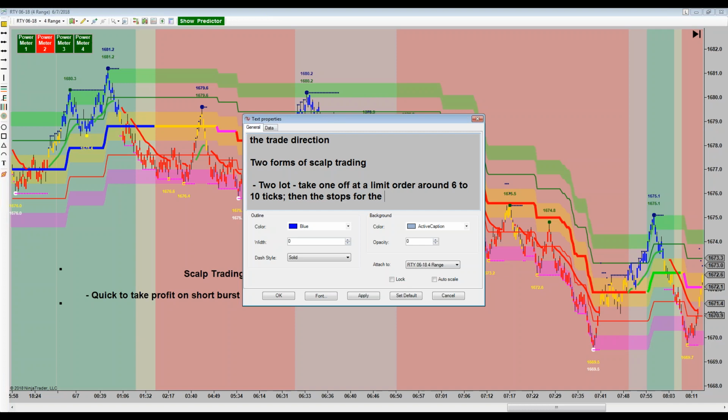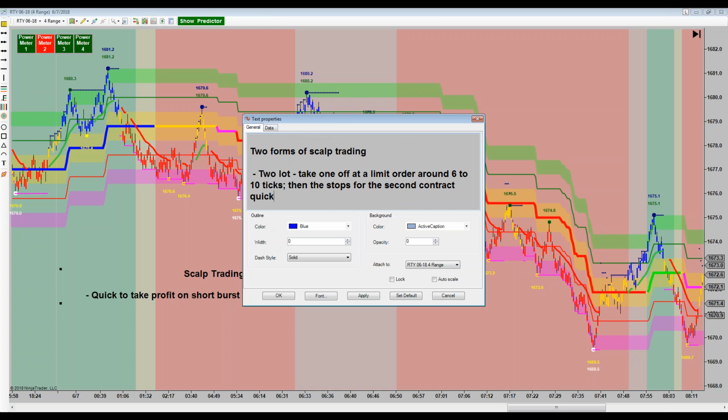So you have the initial stops, and we'll show this. I'm just verbally typing an input on the chart. We'll actually show examples of this, but I'm just explaining at a very high level what happens. For the second contract, quickly move the stop to within 2 to 5 ticks of the entry.